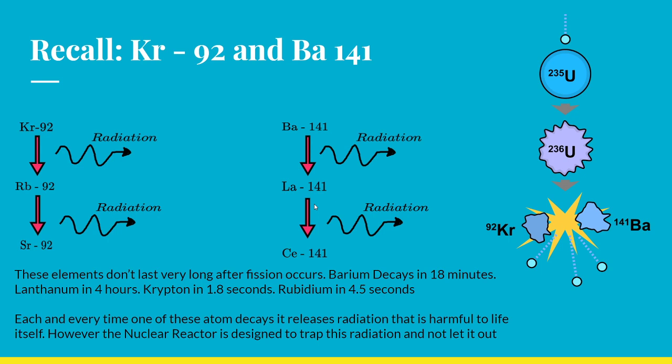Throughout these processes, xenon will come out of this, and every single time some element changes, it releases the radiation that we refer to as things being radioactive. This radiation that it releases is harmful to life. Our nuclear reactors, however, are designed to trap this and not let it get out.